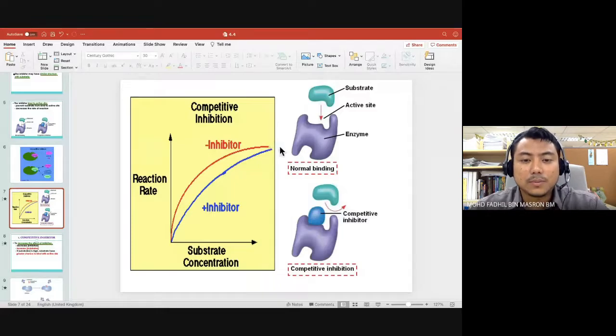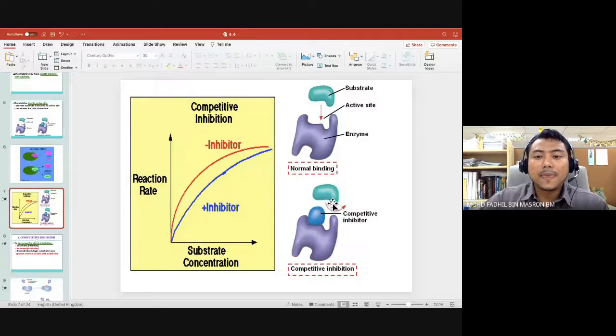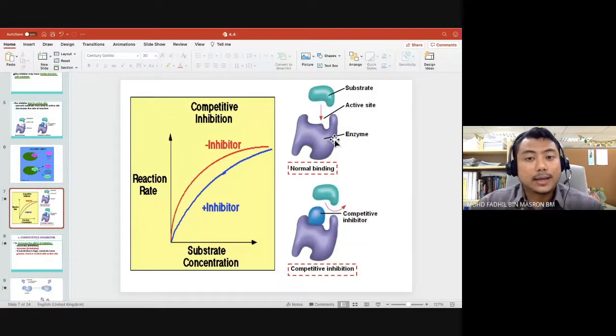So apa maksud dia? Maksudnya as we increase the substrate concentration, maksudnya macam ni. Katakanlah dalam satu bekas tu saya ada 10 enzim dan saya ada 10 substrate. Kalau tanpa gangguan inhibitor, rate of reaction ni sangat pantas dan mudah saja. Maknanya 10 substrate tu jumpa 10 enzim terus hasilkan produk.